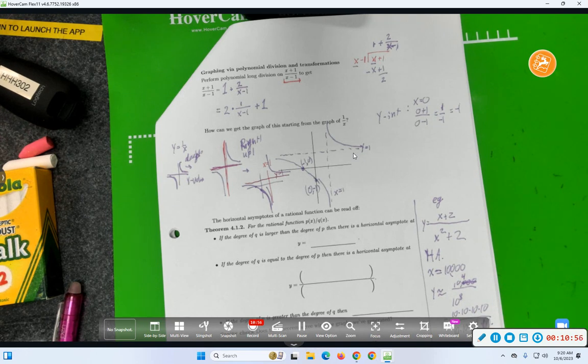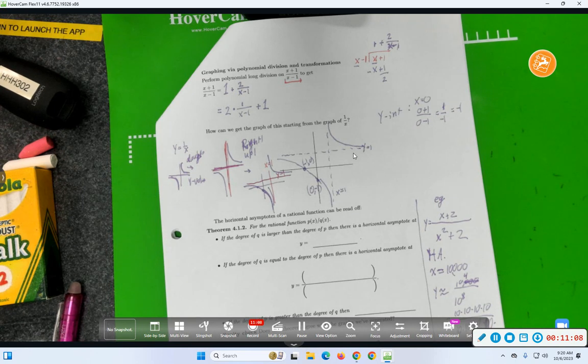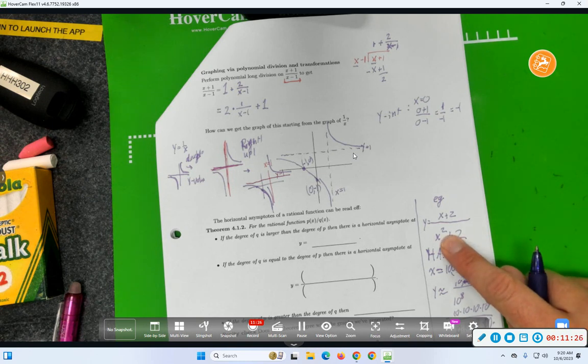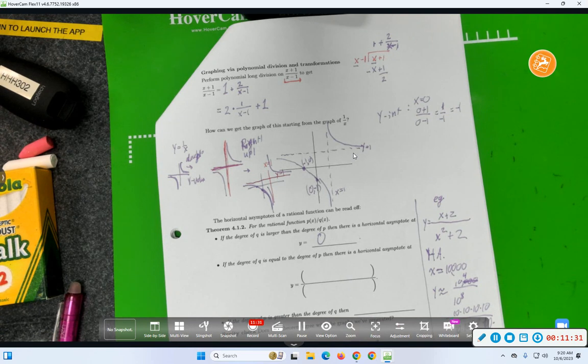So what cancels? 4 of those tens. Oh, neat. And if I took that 10,000 and just made it bigger, that whole result would just get smaller. So the y values are getting really close to 0. Because the denominator is just way bigger than the numerator. The horizontal asymptote is at 0.